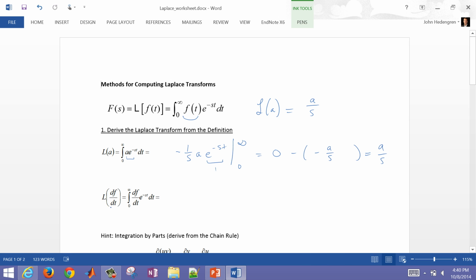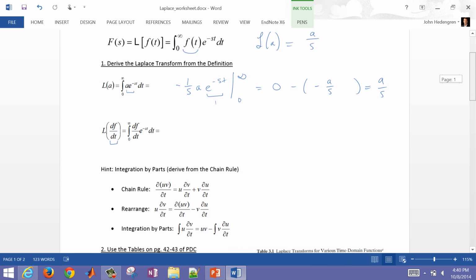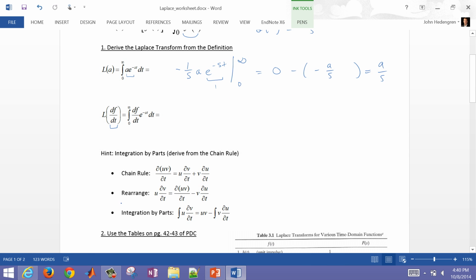Let's do the derivative of a function. To give you a little bit of help, we're going to want to use integration by parts on this one. I always forget the integration by parts, so I always start with the chain rule, and then I rearrange into integration by parts. Essentially, this is going to be our dv dt, and this part is going to be our u.